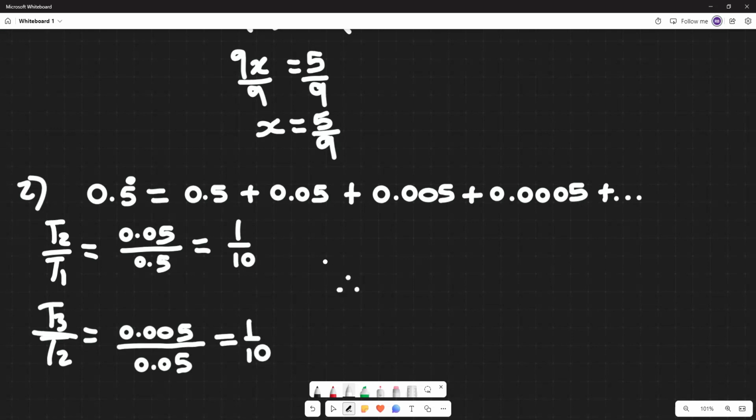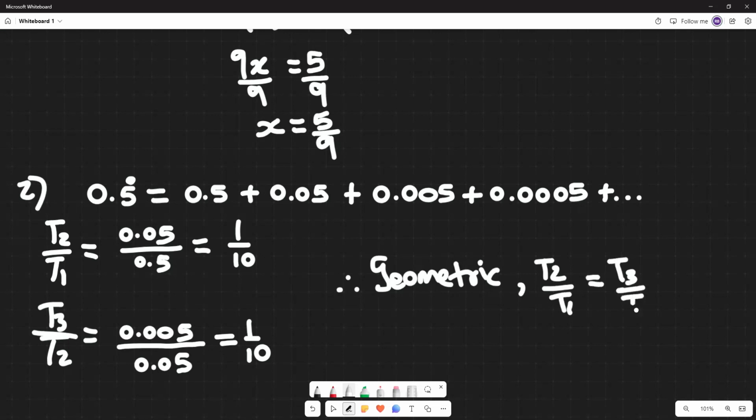Therefore, because the question can say show that this number here is a geometric pattern, you'll still use this method. You're going to say, therefore, geometric. Why? Because T2 over T1 is the same as T3 over T2.